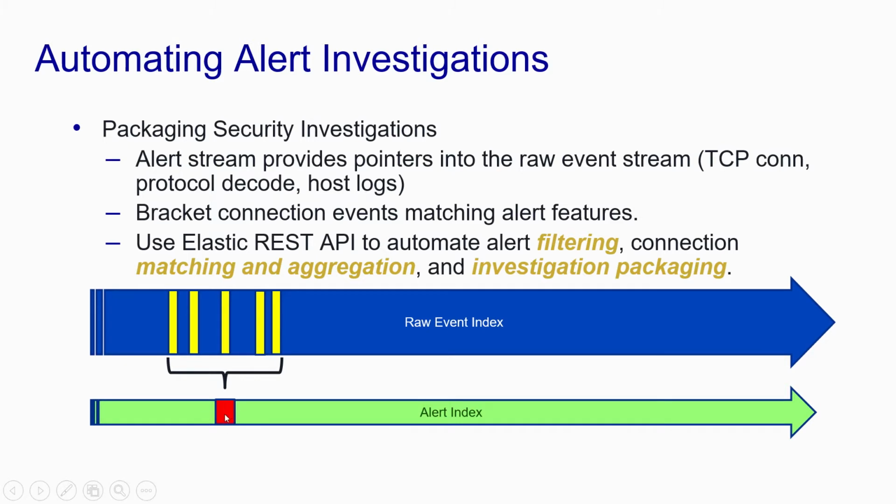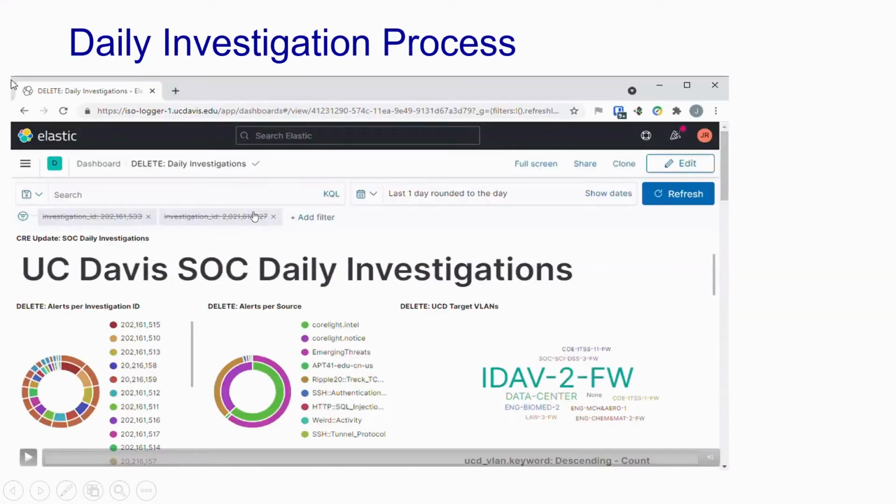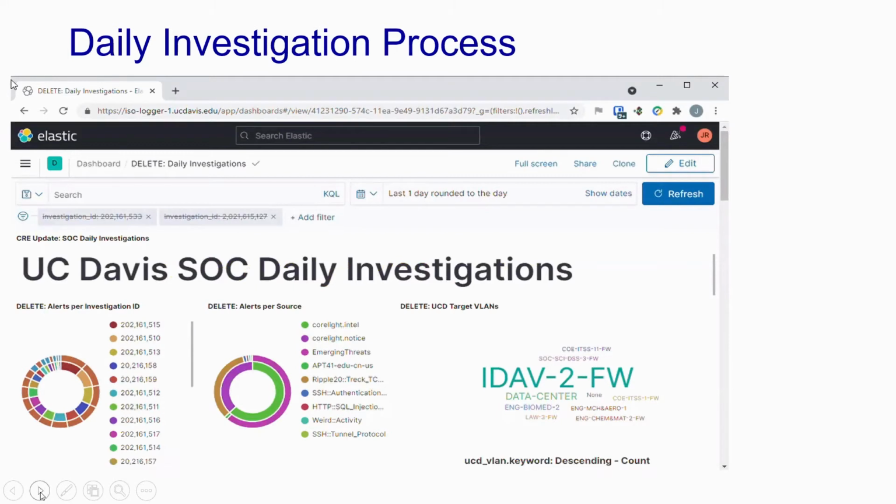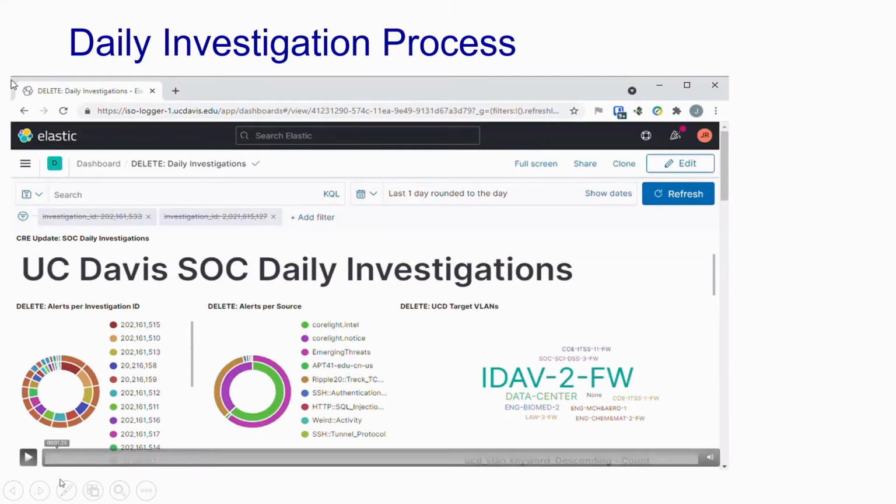Then we do some filtering, and then we package the whole thing as an investigation. When we're done, we have a fairly small number of investigations that we hope to be able to deal with. So here is what it looks like in our Elastic cluster. We have multiple alerts here.